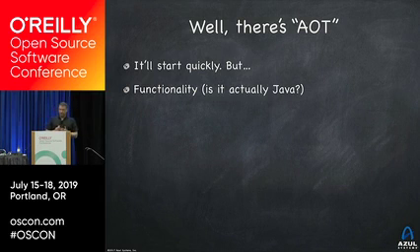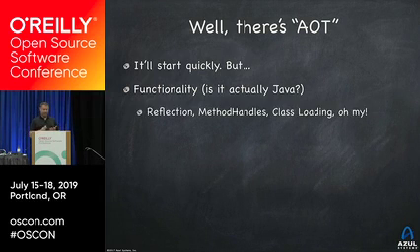First of all, functionality. Is this really Java? For example, can you do reflection? Can you do method handles? Can you load classes? If the answer is no to any one of those, you've just lost the ability to use about 90% of Maven Central, because either it or something it depends on does one of those things.